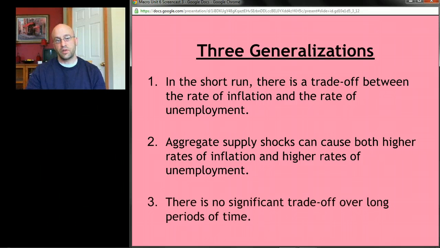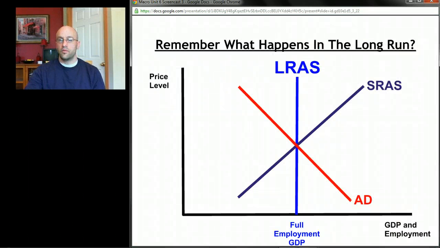The third generalization, and this is an implication of the whole long-run story that we've been telling, is that in the long run, there is no significant trade-off between these two variables. To recognize that, let me bring you back to our long-run graph. You'll remember that in the long run, even if we were to move away from this blue vertical line for even short periods of time, there was a story that brought us back to that blue vertical line. That's why we called that long-run aggregate supply.